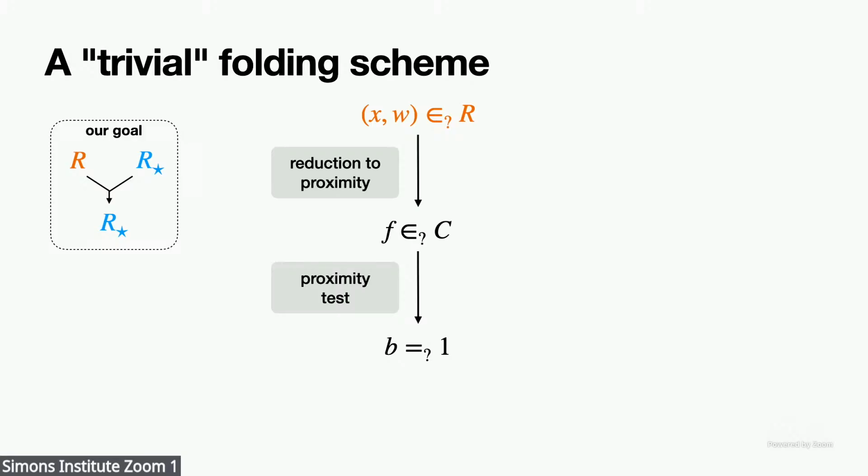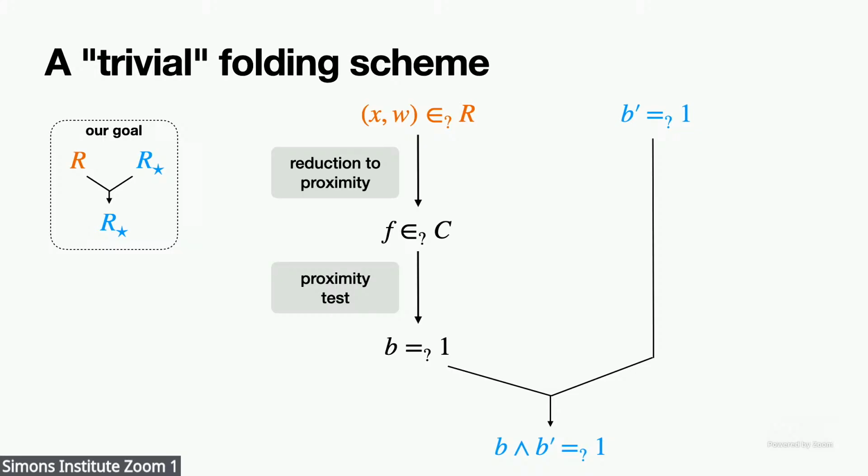And then I can run my proximity test. If I want to view this as a folding scheme, I can define this R star relation to carry a bit, which indicates whether everything prior to that point had also been in the relation. So the new bit at the end of this reduction is the conjunction of the old bit as well as the result of running this reduction to proximity and proximity test.